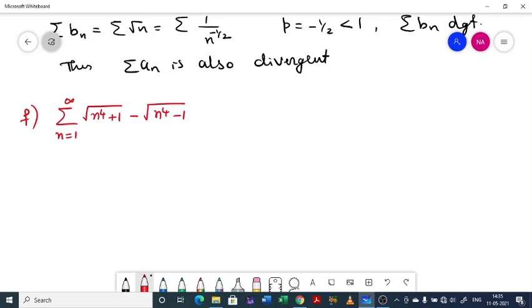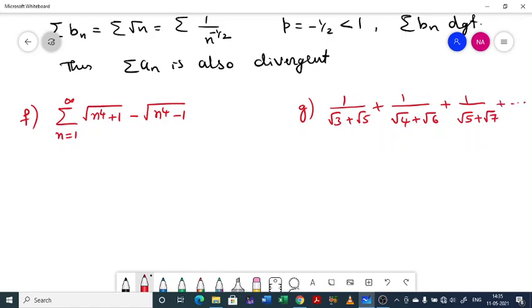And problem E, okay, F is done, now G: 1 by square root of 3 plus square root of 5, plus 1 by square root of 4 plus square root of 6, plus 1 by square root of 5 plus square root of 7, and so on.